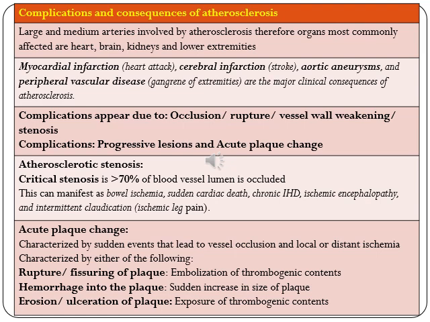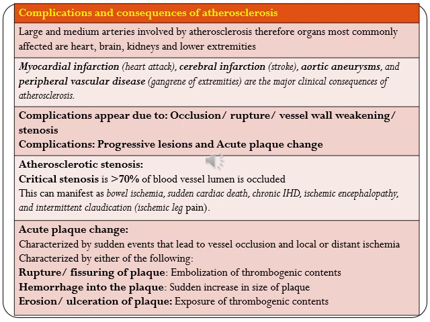Then the second type of complication is acute plaque change. The hallmark of acute plaque change is that it has a sudden development. It is characterized by sudden events that lead to vessel occlusion, and it will lead to local or distant ischemia. As opposed to progressive lesions, acute plaque change develops suddenly. It is characterized by either of the following.